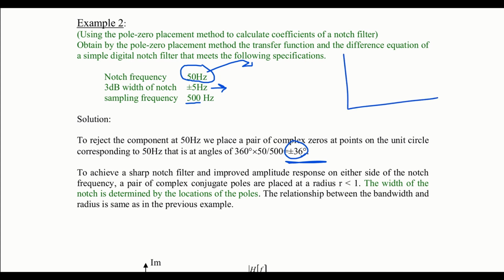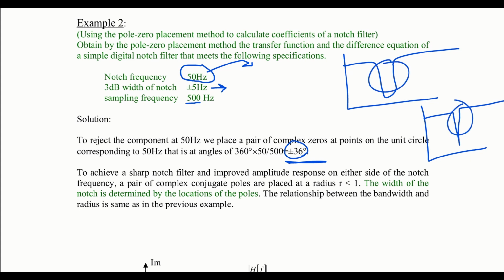For example, you can have a notch filter like this, or you can have something like this. I realize that in this one the transition is sharp compared to this one. That's all based on the relative position of the poles and zeros. So that's what the whole sentence is talking about. We'll place our poles at plus or minus 36 degrees as well, so that we get a sharp response. We were not asked to extend it or anything else.